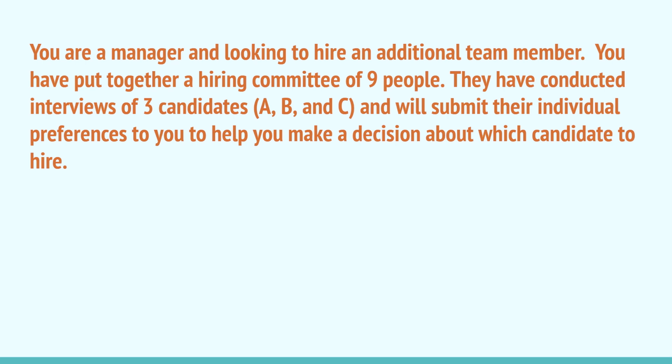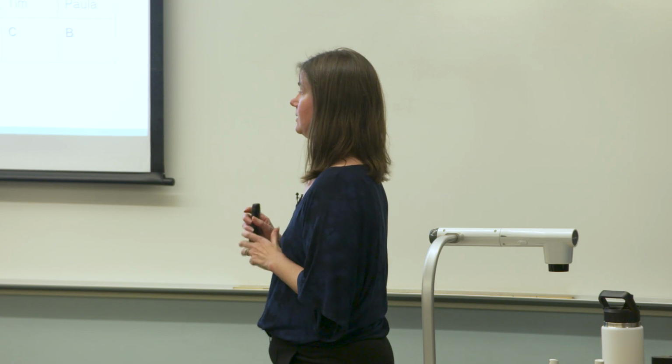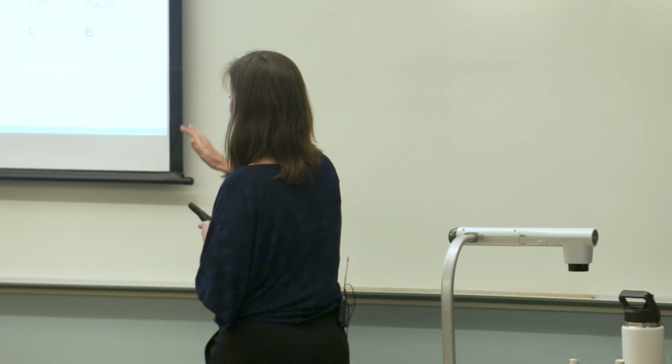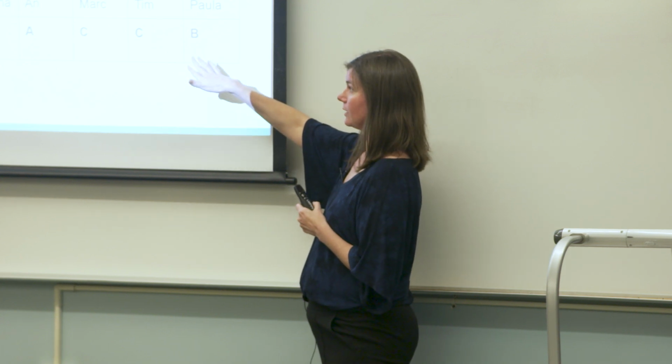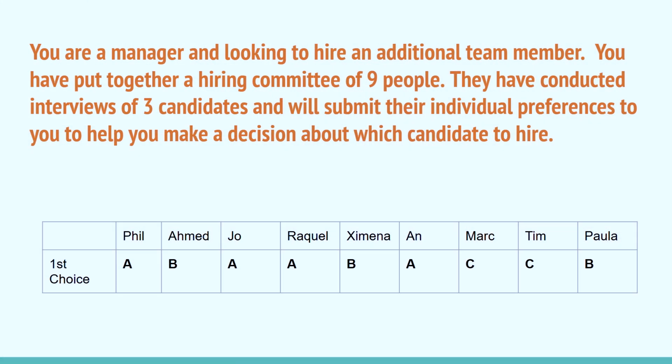And let's say that this is the information you're given. These are the 9 people that are part of your hiring committee, and they're just going to give you their first choice candidate. So if you're given this information, what candidate do you go with?